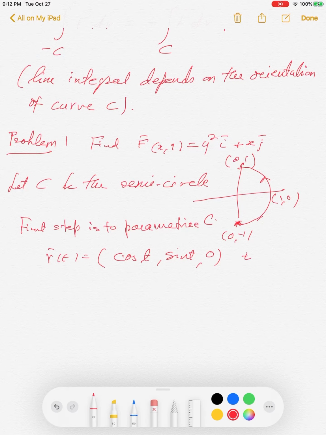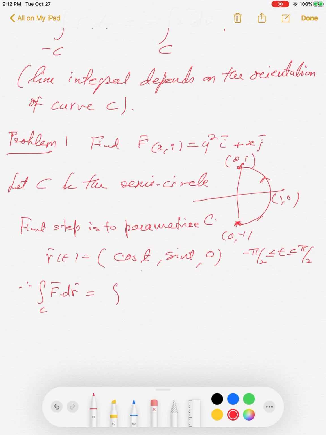So if I make t equal to minus pi by 2 as my lower limit, then at minus pi by 2 I will be at minus 1. So t varies between minus pi by 2 to pi by 2. At pi by 2 you will be over here, which is going to be (0, 1).